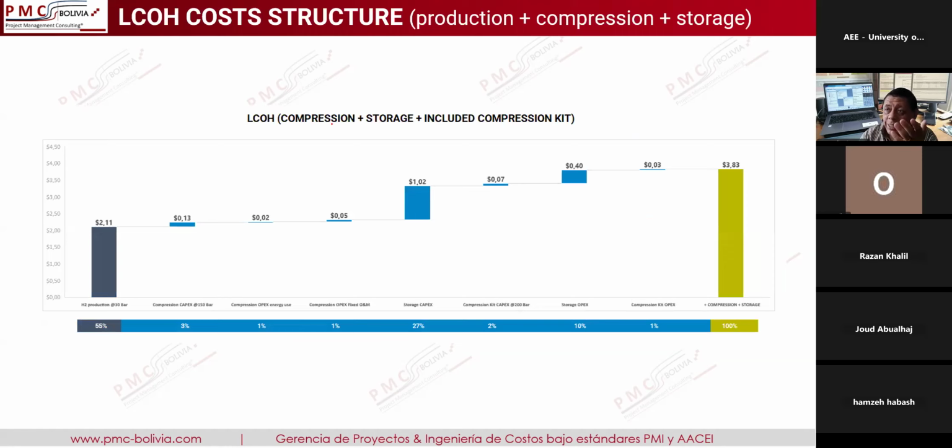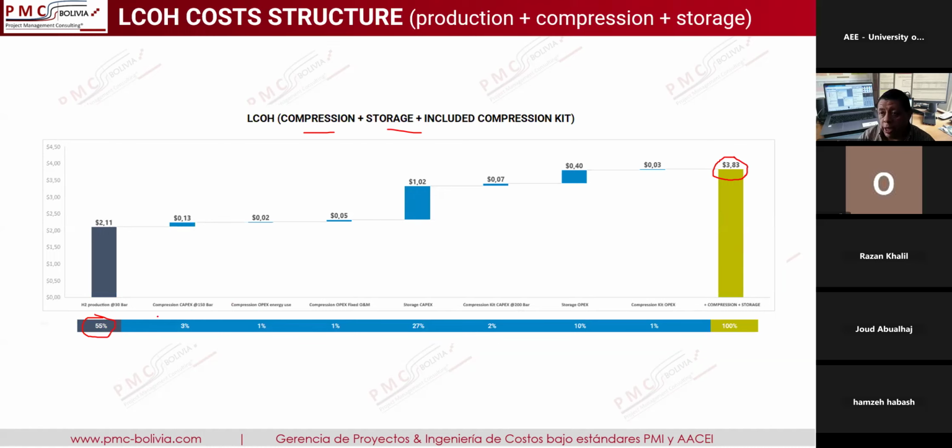So plus compression, plus storage including the compression kit, we can see, for example, that LCOH alone represents around 55% of the total final price of the hydrogen costs.